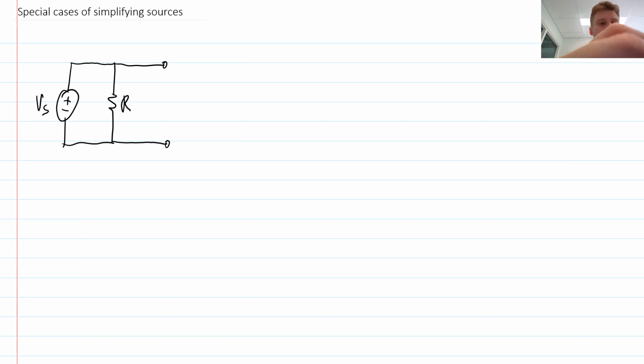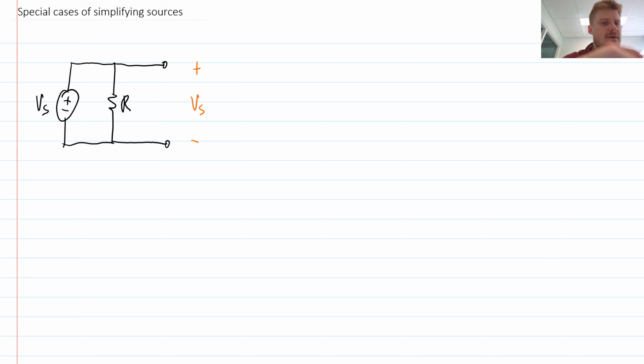So from the perspective of the rest of the circuit, looking in at the behavior of this source and resistor network, what does the rest of the circuit actually see in this case? Well, we would observe a voltage across here. And the voltage that we would observe is obviously Vs. That's what an ideal voltage source does.